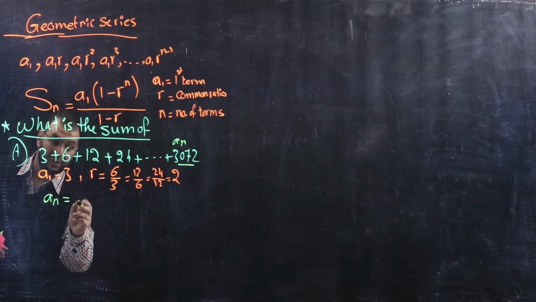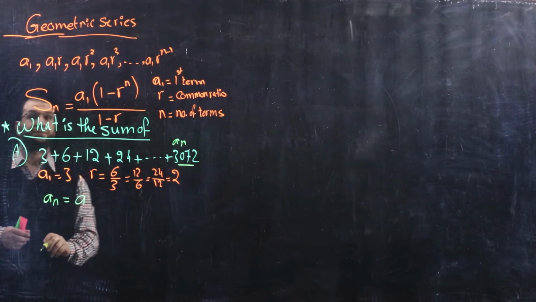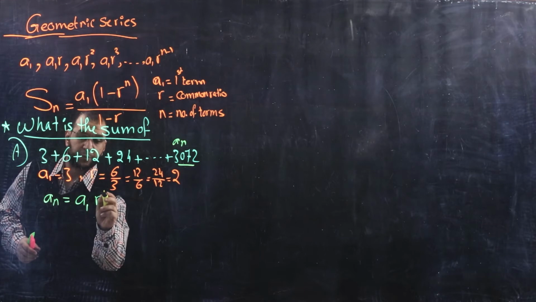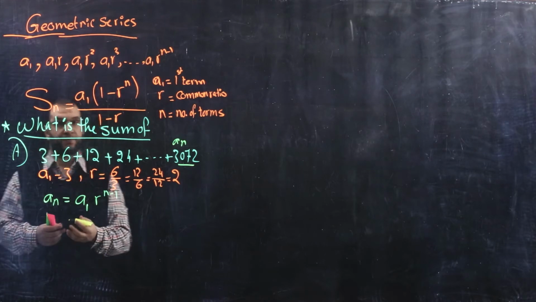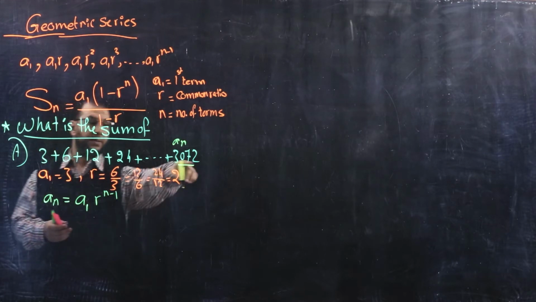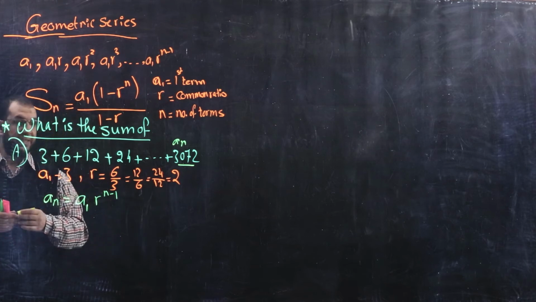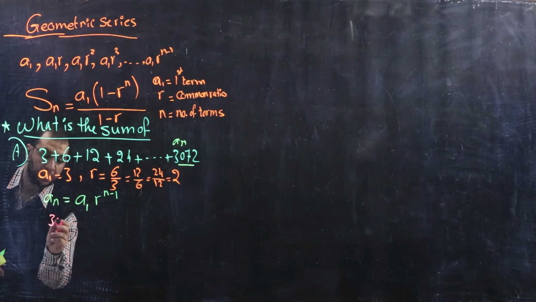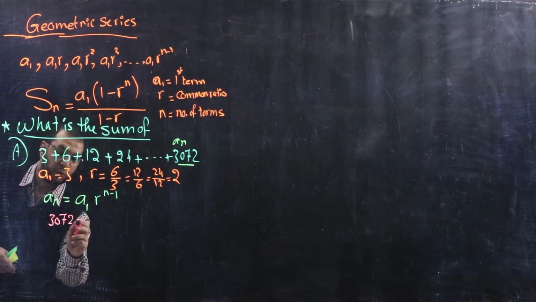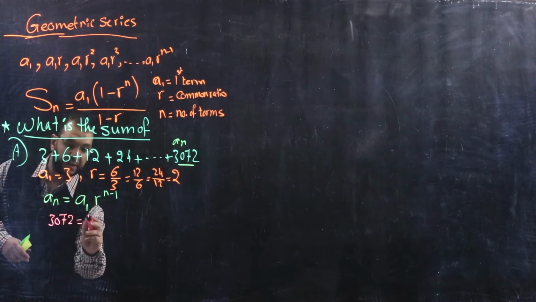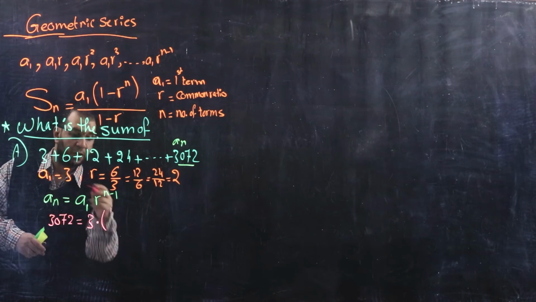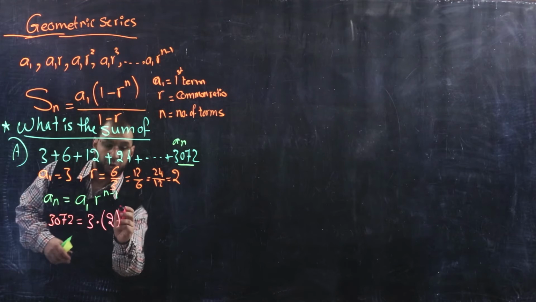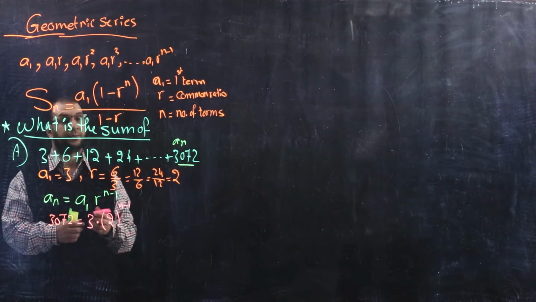A sub n equals a sub 1 times r to exponent n minus 1. A sub n here is 3072. So 3072 will equal a sub 1, which is 3, multiplied by r, which is 2, raised to the n minus 1 power.